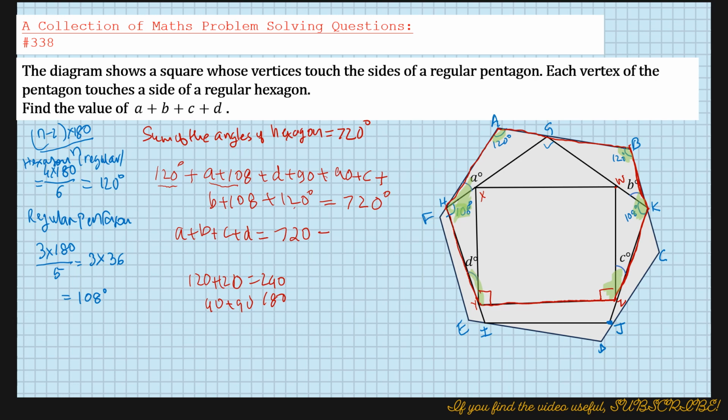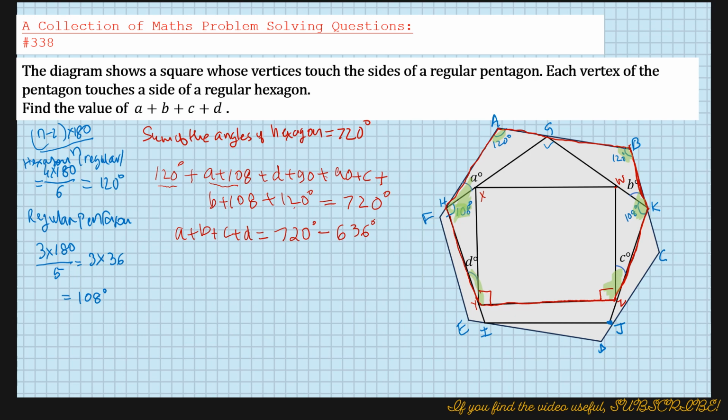I need to include the two 108s, so 108 plus 108 is 216. So if you add them all up, you get 636 degrees if I were to add all these angles up.